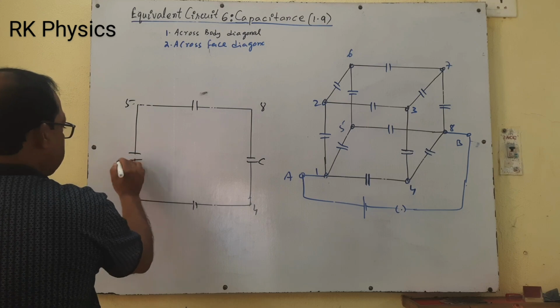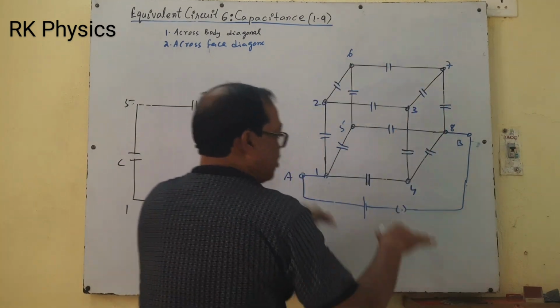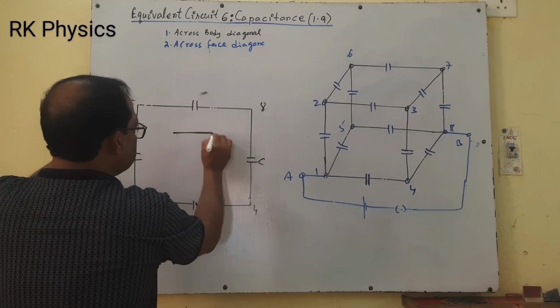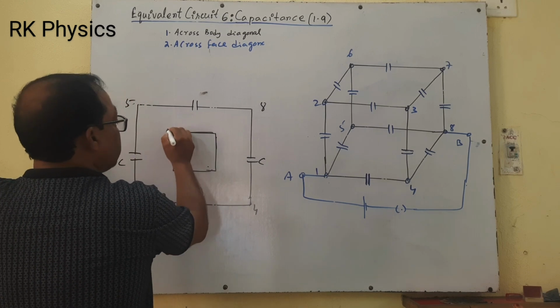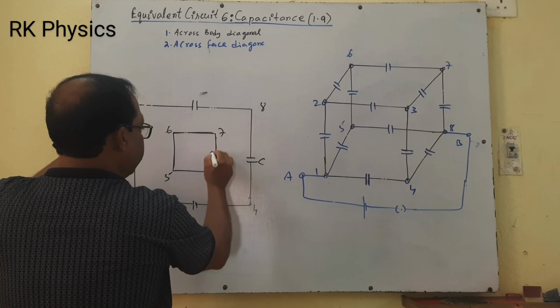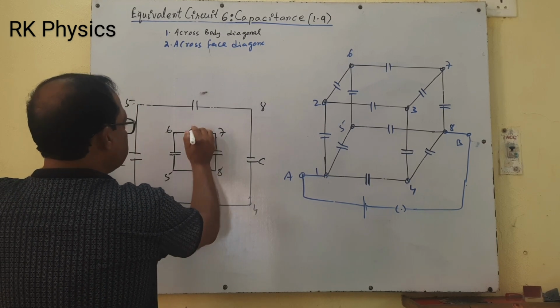Then if this portion 5 6 7 8 falls on that floor, take this as 5 6 7 8, and in every branch there is a capacitance.